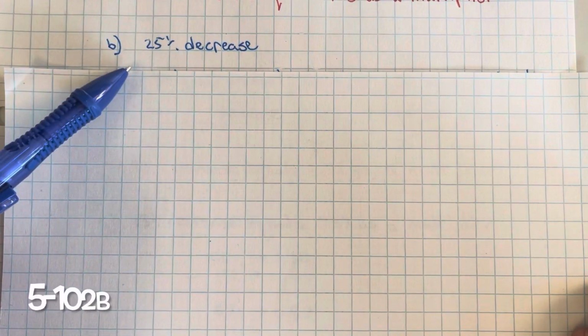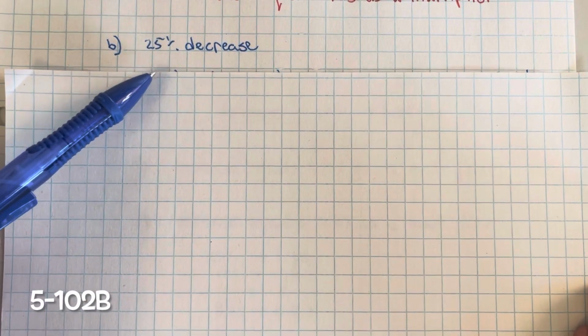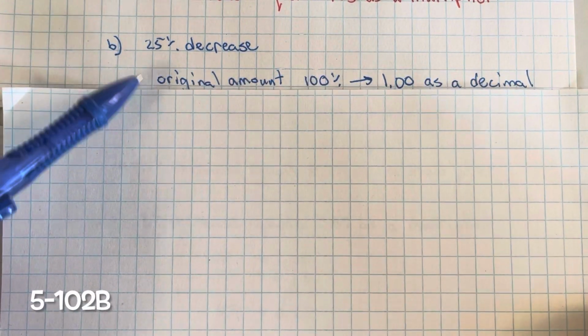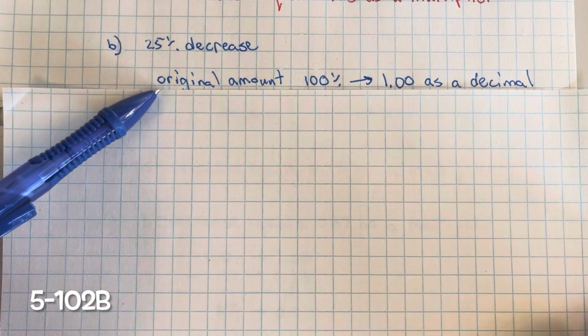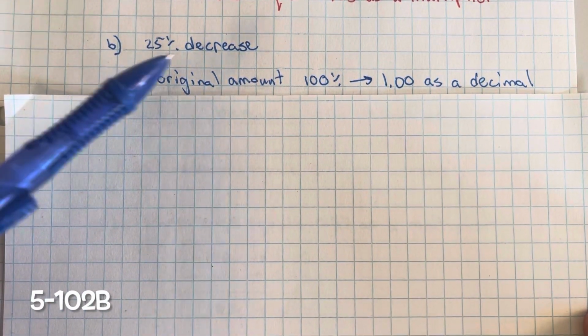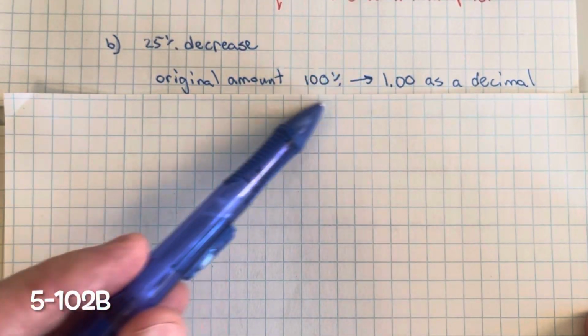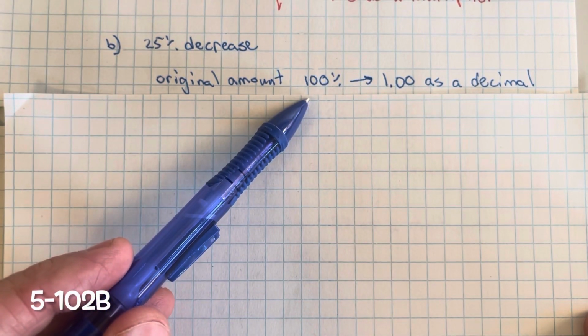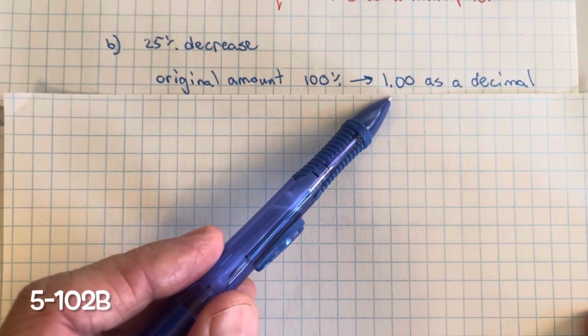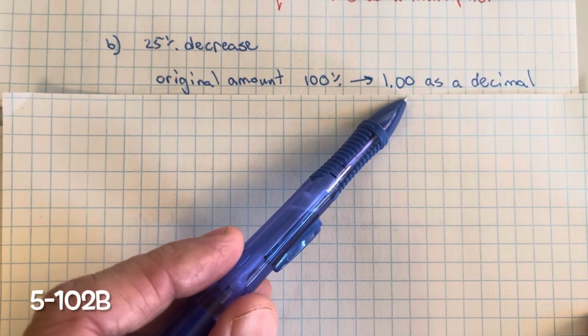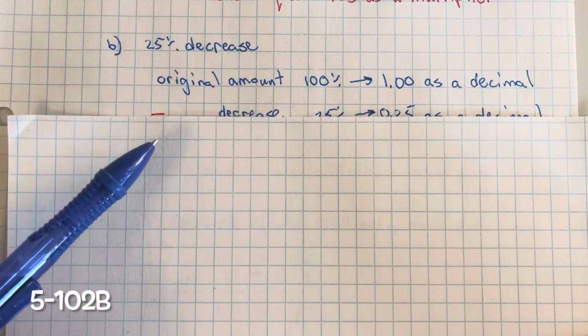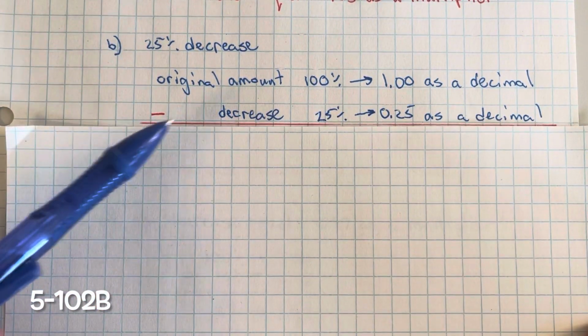For part B, we have a 25% decrease. So that means we're going to have a lesser value than our original amount. So our original amount is 100% of whatever value. To write that as a decimal is 1.00. Then we're going to subtract the decrease.